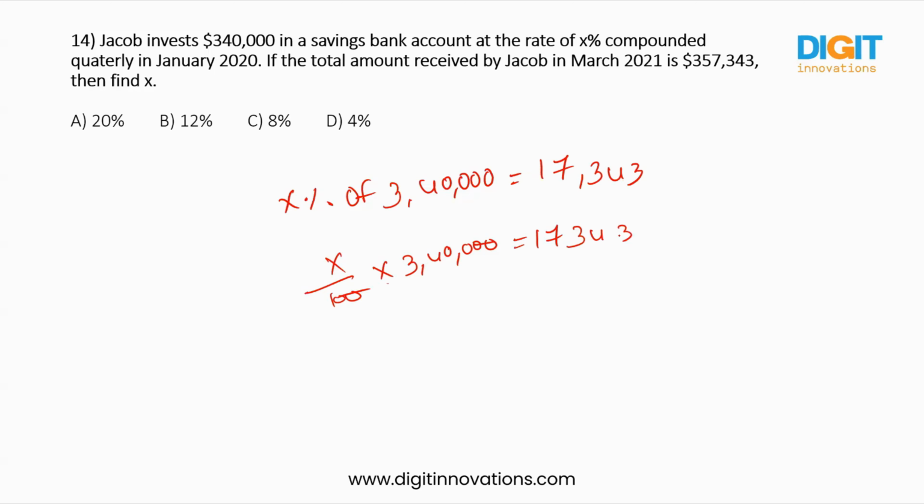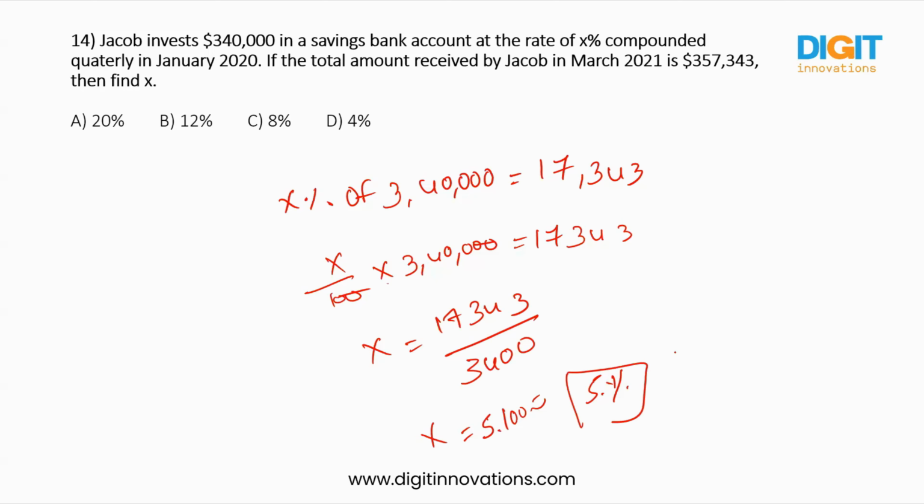So I'm taking this value to this side. So X equals 17343 by 3400, so you will get approximately 5 point something, 5%. Let us take it as 5%.